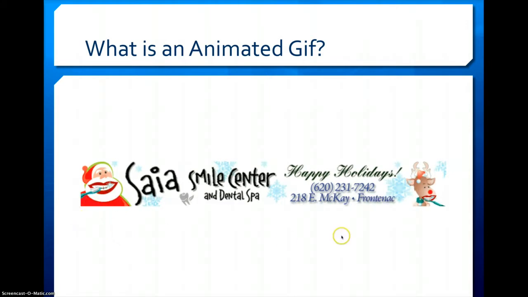Basically, the Santa Claus, the reindeer, and the toothbrush are all static images. On different frames, I've got them moving back and forth, and it gives the appearance, as you can see here, that the Santa and the reindeer are brushing their teeth.